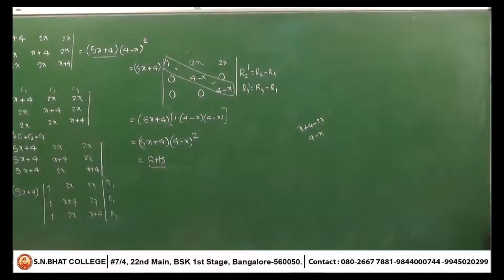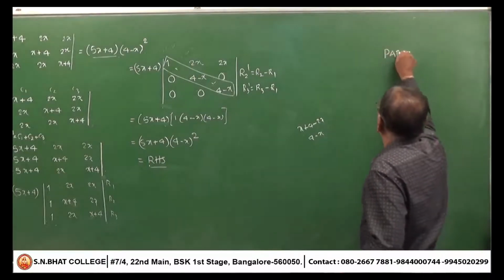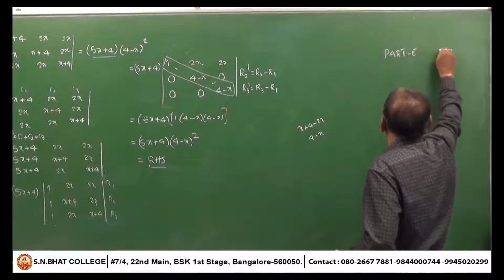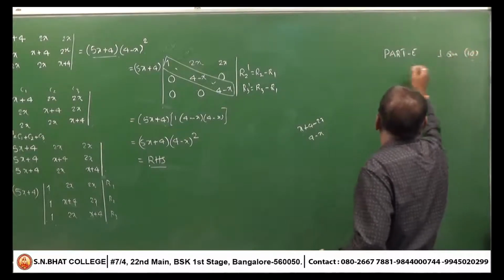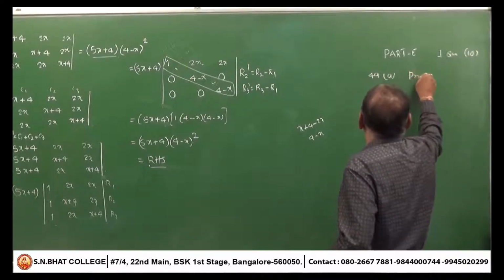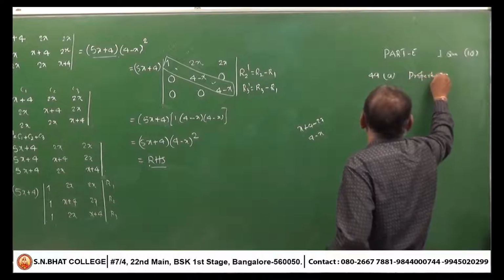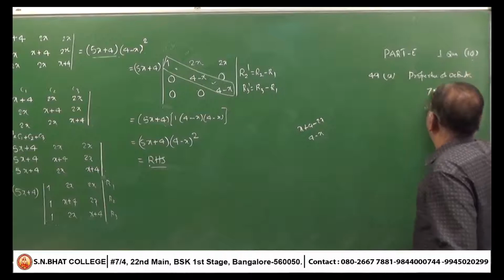See, in part E, it is a compulsory question for 4 marks, determinant. In part E, there will be 2 questions. Last main, part E. You have to answer 1 full question. Each question carries 10 marks. That is, 49A is properties of definite integrals. In integration there are 7 properties.